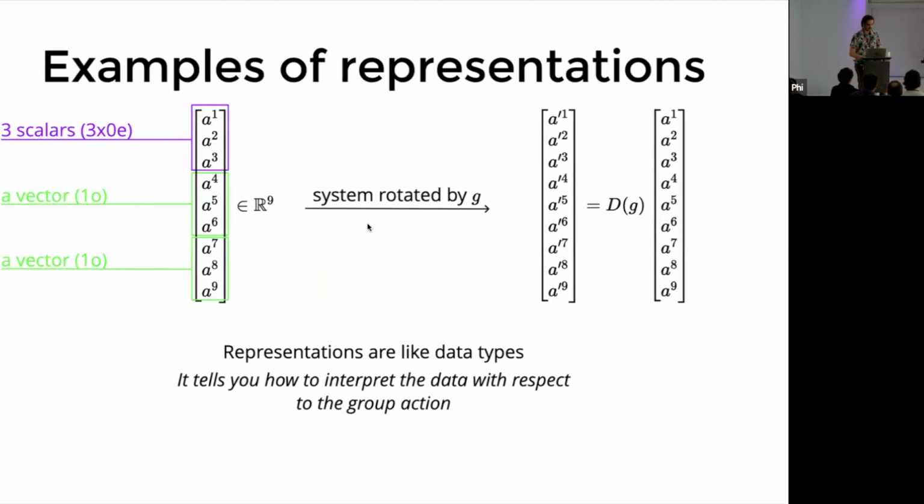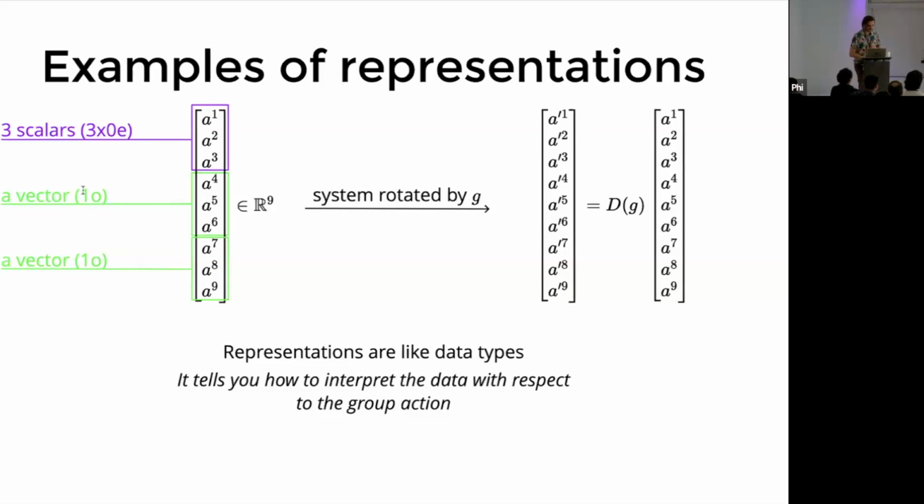Oh, yeah. So these notations use this L. 3x0e means that you have 3 times the L equals 0 representation. And the e is for the representation with respect to inversion of space, which means even: they are unaffected by an inversion of space.